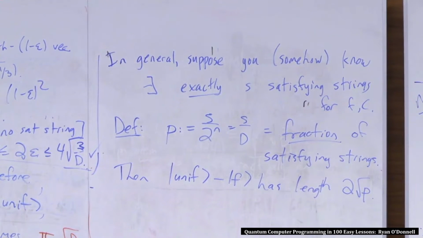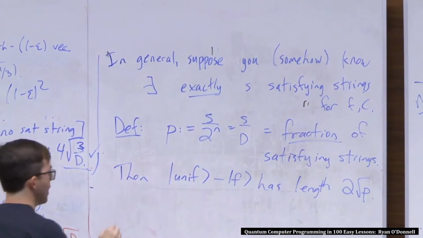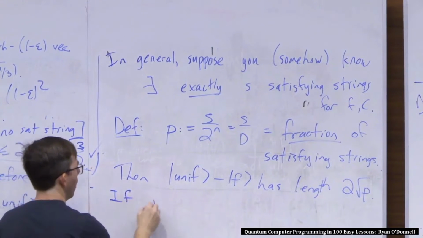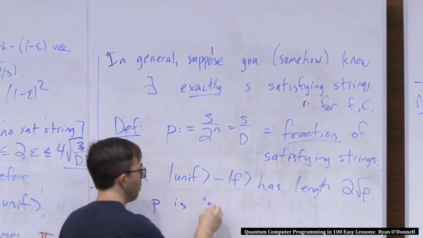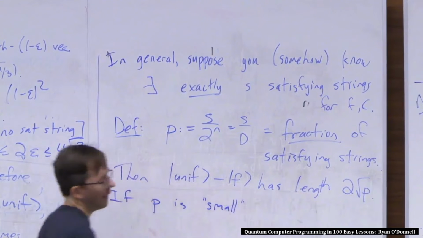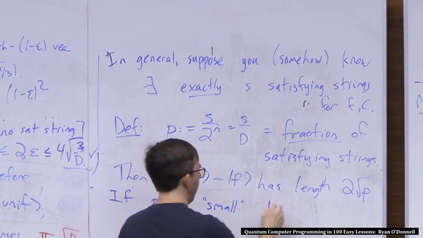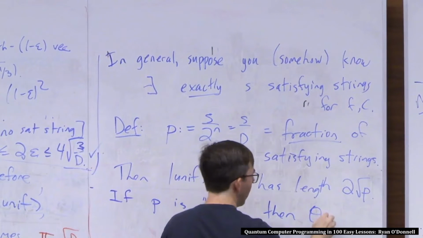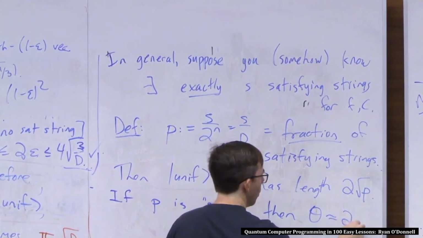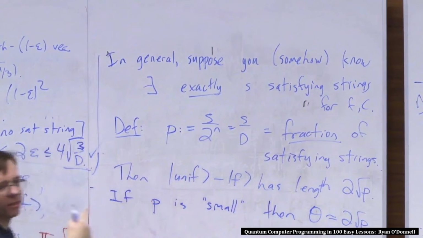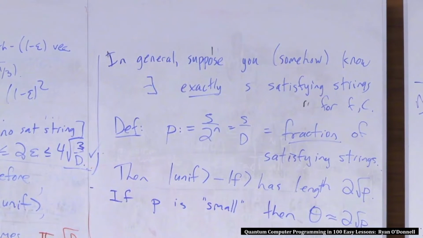Now, assuming this length is small, that's about the same as the angle. So I'm going to continue to assume that this is small. If P is small, then the angle, theta, is very close to root P. The straight line distance and the circular arc distance are about the same.